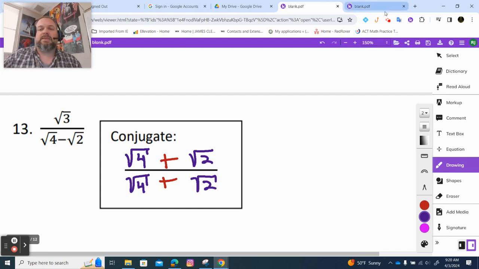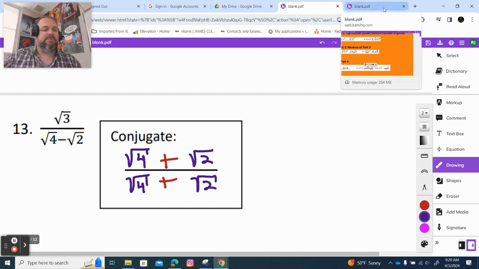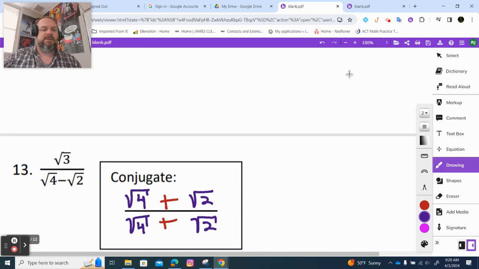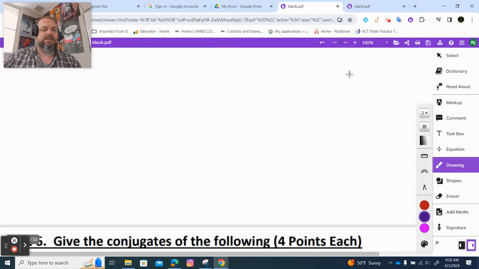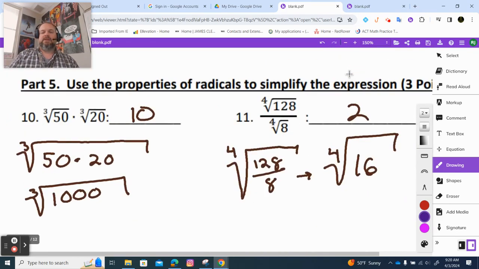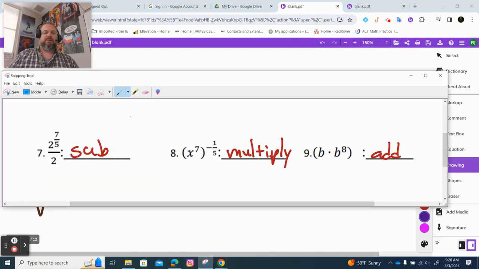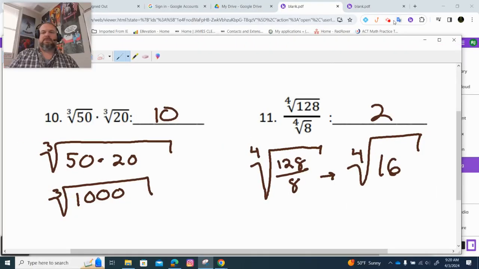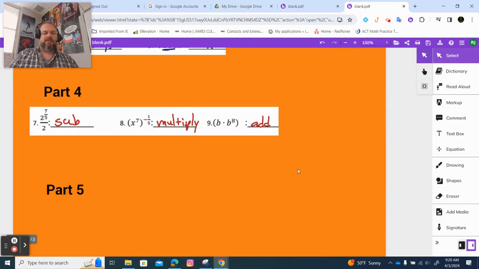Now, I think I've kind of skipped out on some of my stuff here because let's see, this is part 5. I forgot to copy this. Yeah, I'm just copying it.